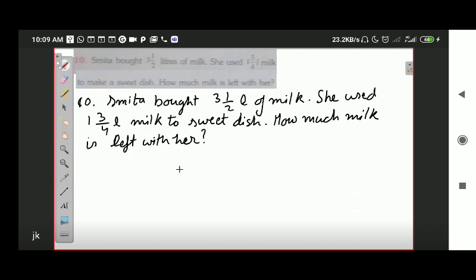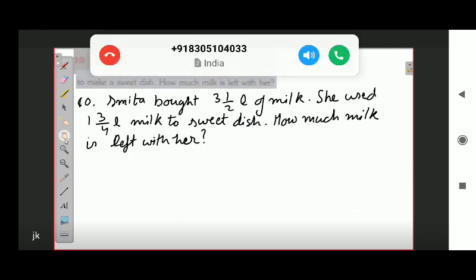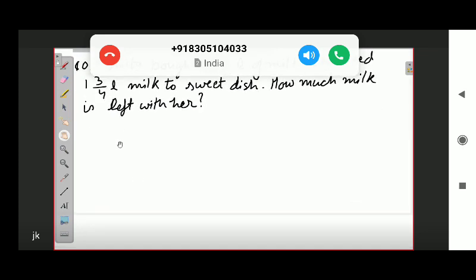We have to determine the amount of milk left with her. Let me try to explain this. There is a girl called Samita. She bought 3.5 liters of milk. Suppose this is the bowl and this is 3.5 liters of milk.